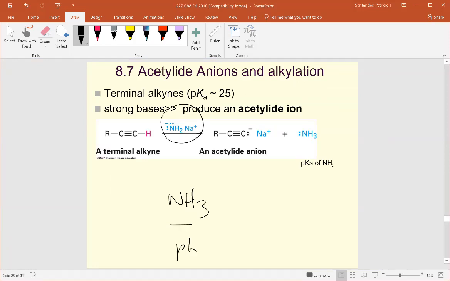And the pKa value of ammonia is around 35, 36. So because of that, this is going to be basic enough to abstract a proton, and then you can end up with a lone pair of electrons on the sp hybridized carbon atom.